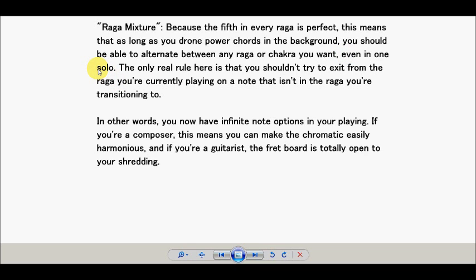The only real rule is that you shouldn't try to blatantly exit from a note not in the scale that you're going into, which is how the modal mixture and the quote-unquote raga mixture work. As long as it's ambiguous and it's going from a note that's in both scales, that you're exiting from one scale into the other, then it works.